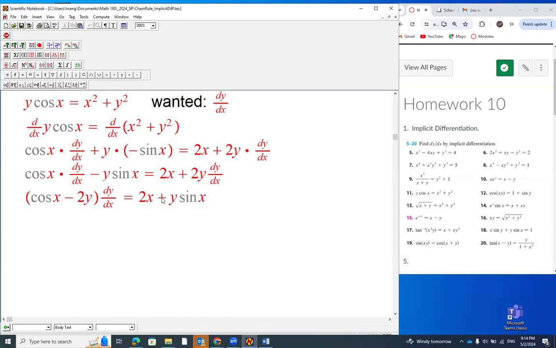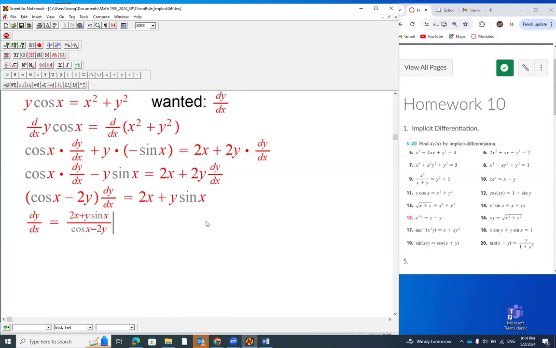Double check this step. Maybe work on your scratch paper, or pause to work it out. In the end, dy/dx equals the whole of the parentheses in the denominator and the whole of the right-hand side in the numerator. And that's it.